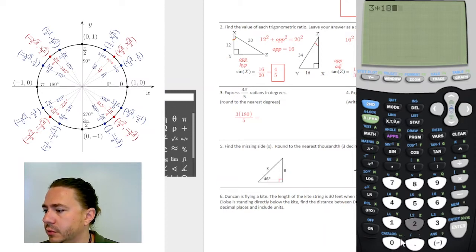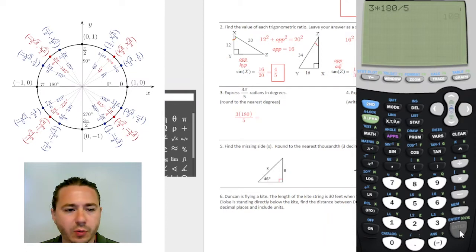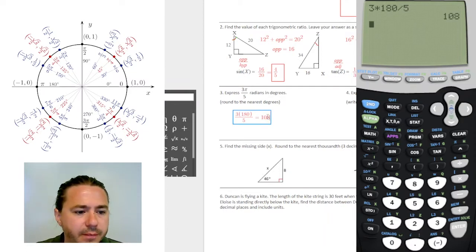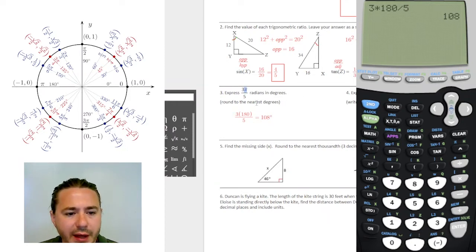Oops. Oh, come on. Wow, okay, that took way longer than I thought it would. All right, 108. Okay, so 108 degrees, no big deal. So that's the trick here: if you're going from radians to degrees and you have it in terms of pi, you can just plug in 180 for pi and you're done.